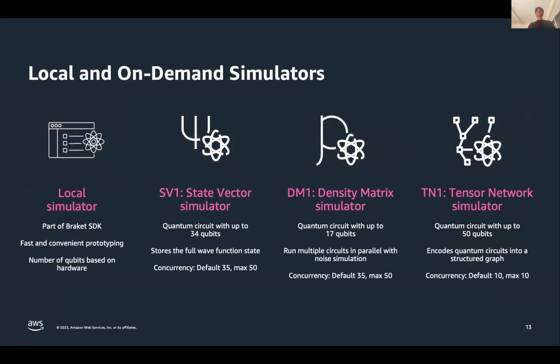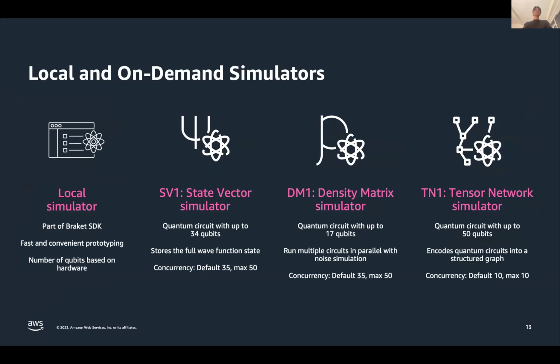Before running programs on quantum hardware, since quantum hardware is a scarce resource at this moment, you can run your algorithms on simulators. First is the local simulator. The local simulator is part of the Braket SDK. So when you install the Braket SDK on your local laptop, you get this local simulator for free. You don't have to pay anything for that.